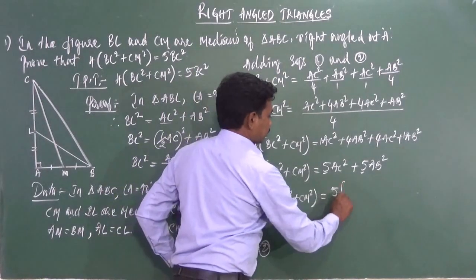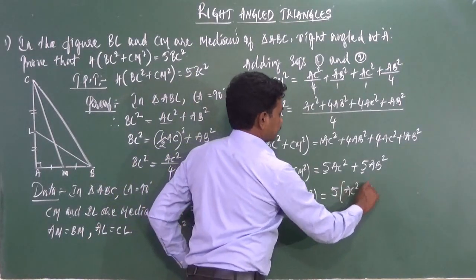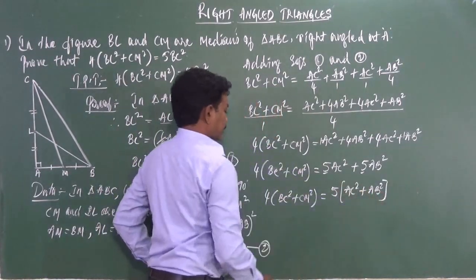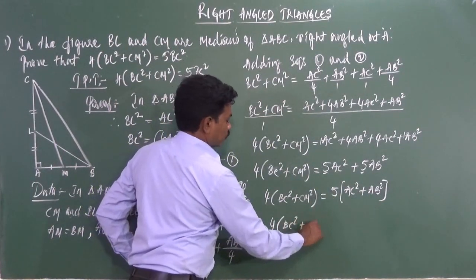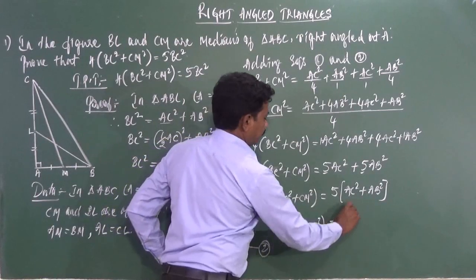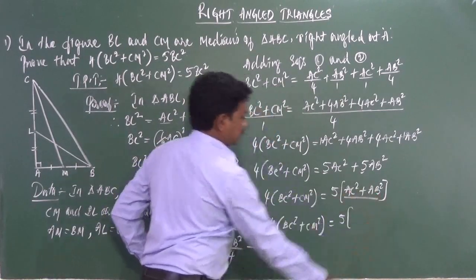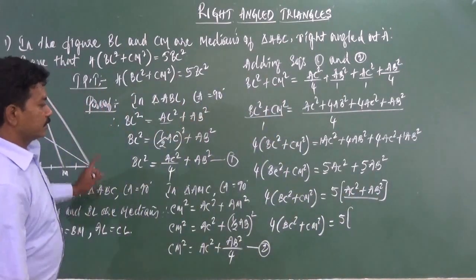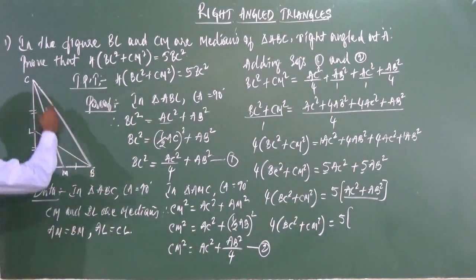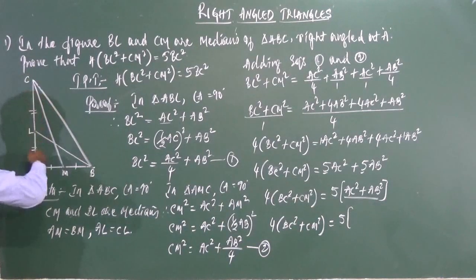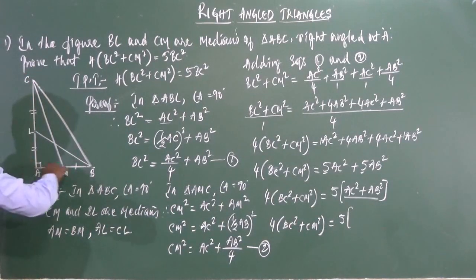So remaining is AC square plus AB square. So here 4 into BL square plus CM square is equal to 5 into AC square plus AB square. Let's see what it comes.